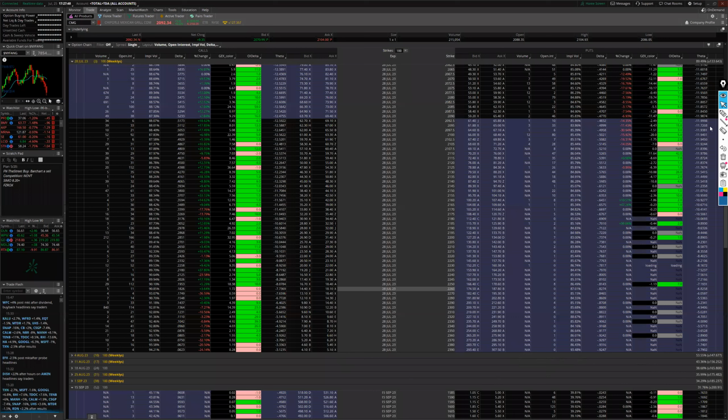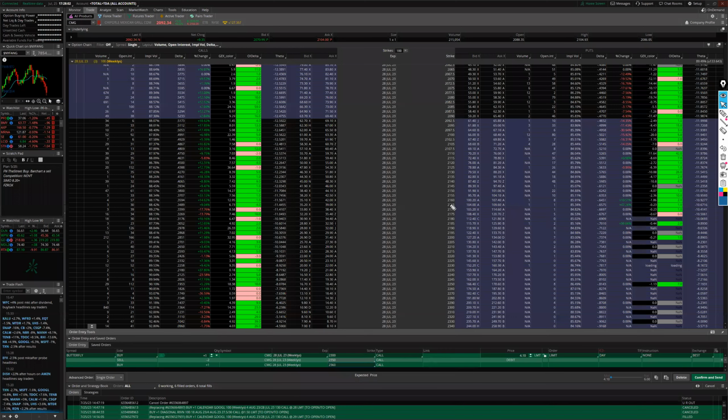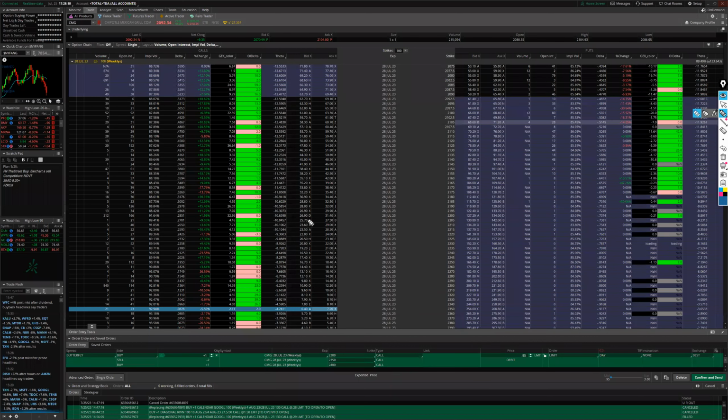Think about it. If you bought a 2200 call, just buying a call, that's all that you have been doing till now and not learned any other strategy. The bid ask spread is from 27 to 32. It's a $5 wide bid ask spread.